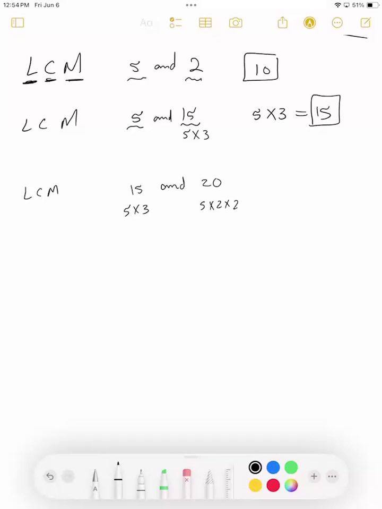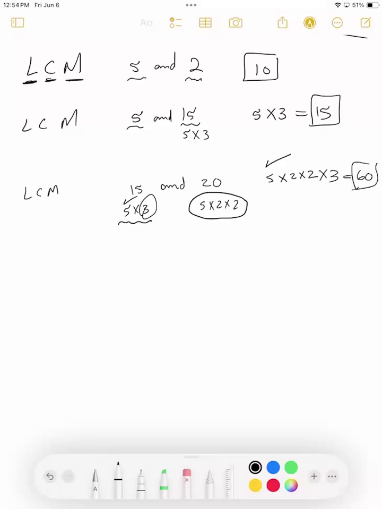So then your number is going to be 5 times 2 times 2. I got everything from this one. Then I compare it to this one. This has a 5, so does this. And then it doesn't have a 3 here, so I multiply it by 3. So 5 times 2 times 2 is 20, times 3 is 60. So 60 is the answer.